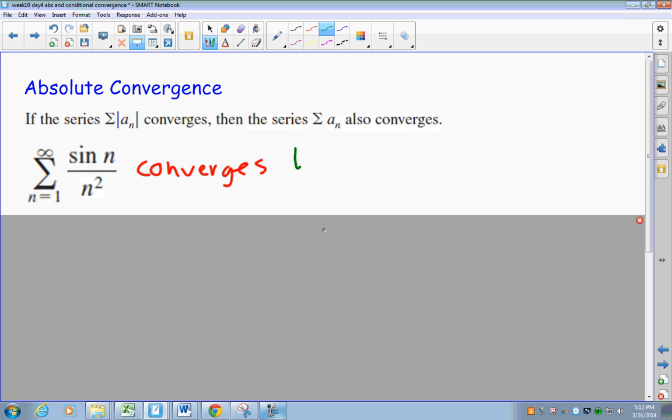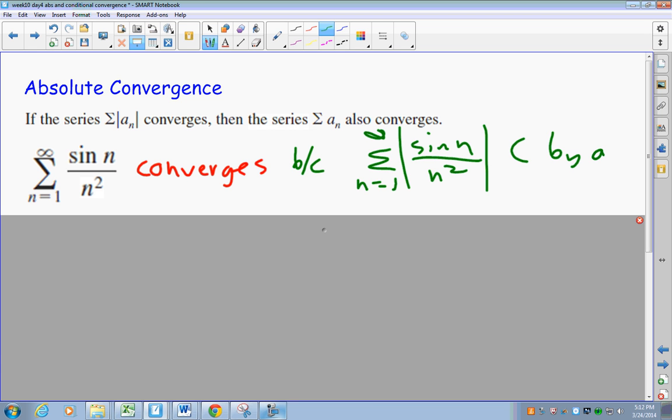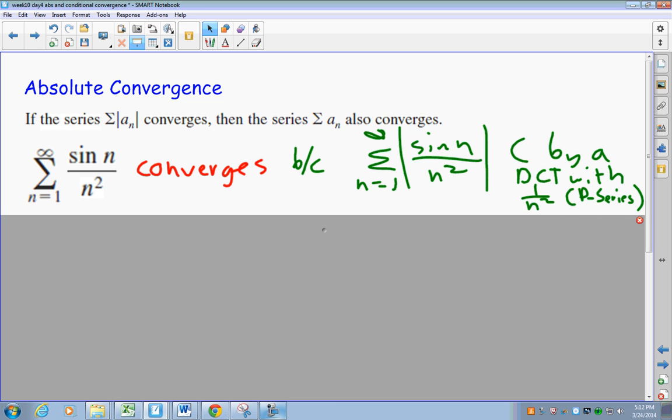It converges because on that last page, we just discovered that that converged by a direct comparison test with 1 over n squared, which converged because it was a p-series. So just kind of look at that whole chain of events. I know 1 over n squared converges by p-series. So I know the absolute value guy converges by a direct comparison test. So then I know the original guy converges because of this kind of absolute convergence statement.